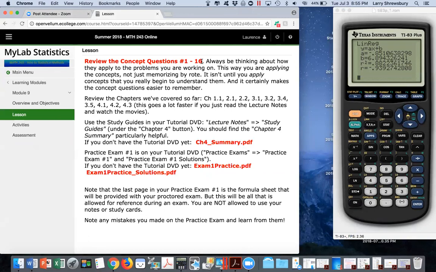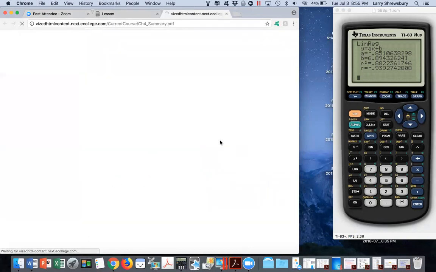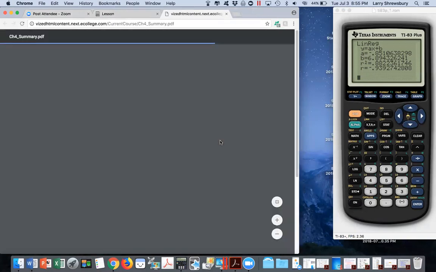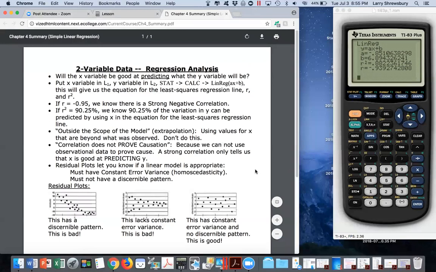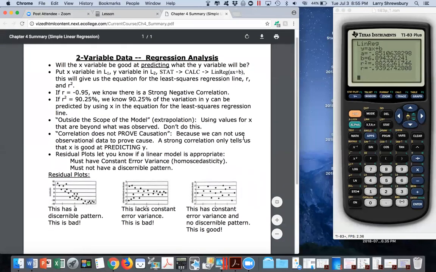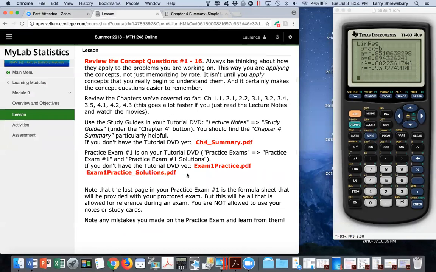You have applied them. And here's a nice chapter 4 summary. In fact, we should take a look at this. Because when people cover chapter 4, they say, boy, that felt like a lot. But when you look at the one-page summary, it doesn't seem so bad. So you'll find that to be very helpful. And of course, this exam one is the same one as on the tutorial DVD.